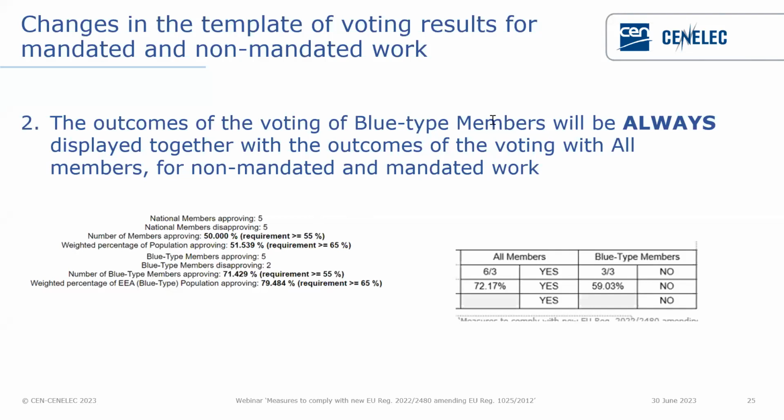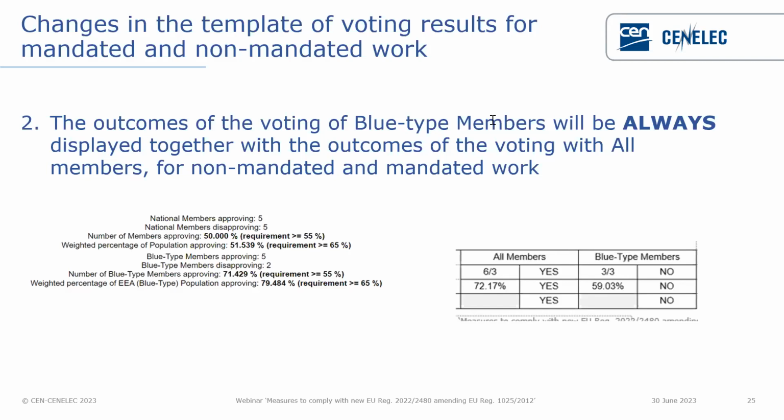So basically, when it is offered, it should have been voted as a mandate. So in that case, before offering, we will have to double check that the blue type members have approved as well. If they have not approved that EN or TS or HD, then a BT meeting needs to take place and decide on what to do.